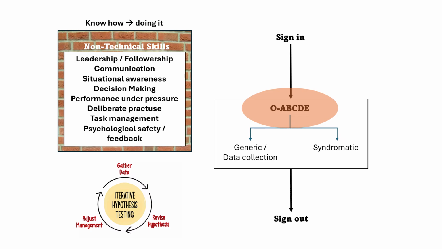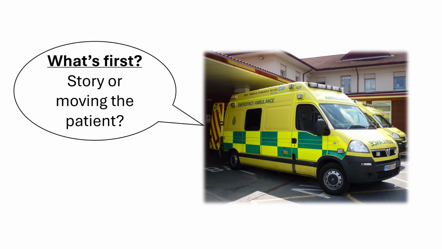Now, all of this has been before the patient comes in. Of course, with zero warning, they're already there. But what do we do once the patient is here? So the O-ABCDE, or also from generic to syndromatic treatment of the patient.